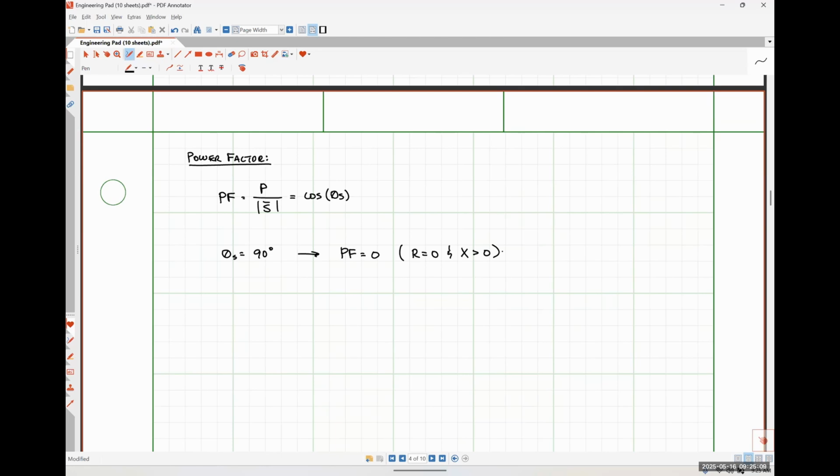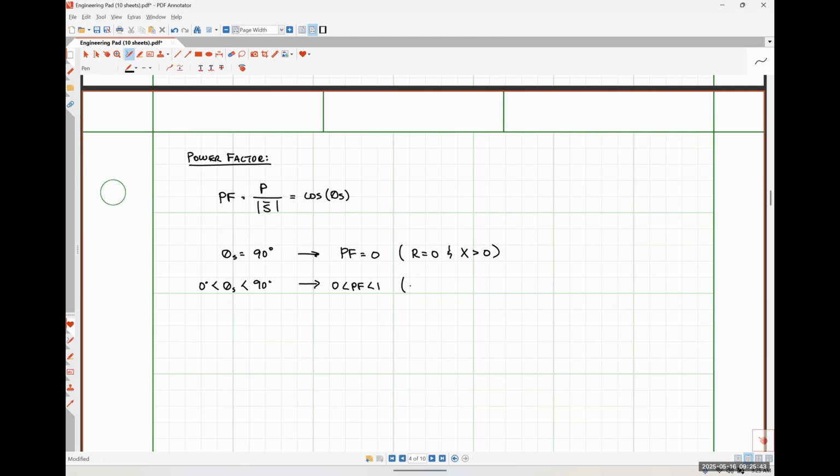Now let's say that instead of being exactly 90, it's just somewhere between 0 degrees and less than theta S is less than 90 degrees. So in this particular case, our power factor is going to range somewhere between 0 and 1, okay?